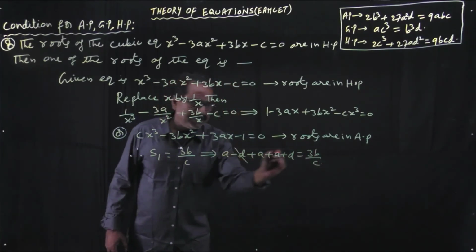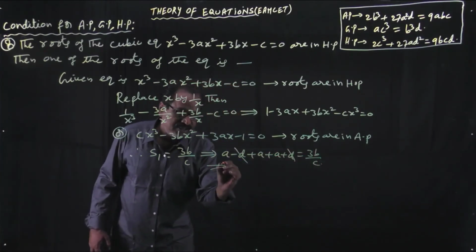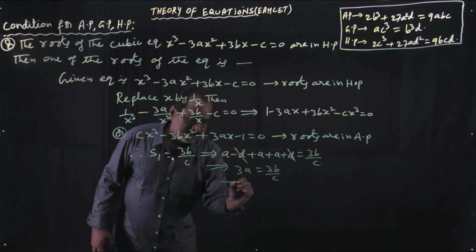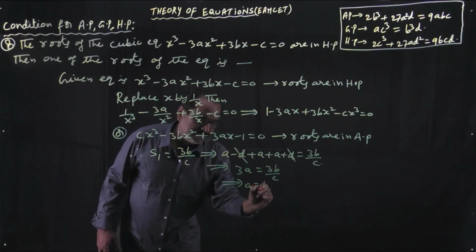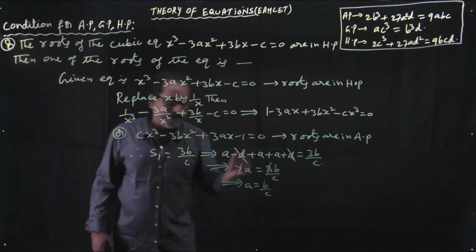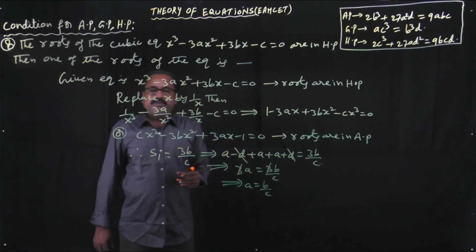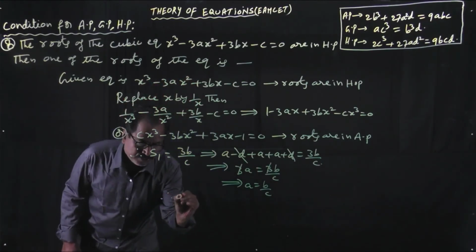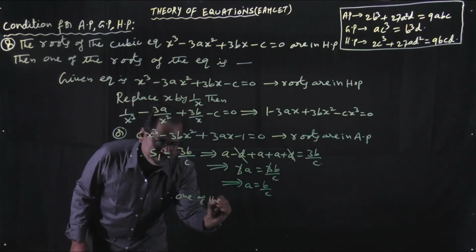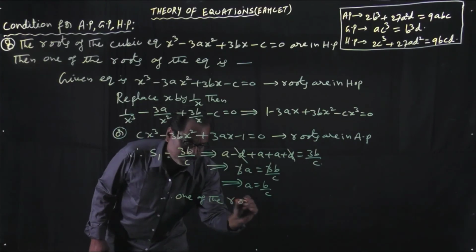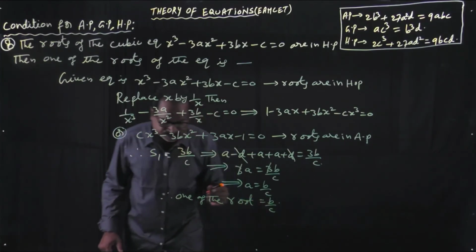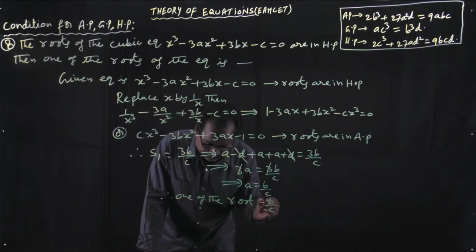Here minus d plus d gets cancelled. 3a is equal to 3b by c. This implies a is equal to b by c. Therefore, one of the roots is equal to b by c. Okay, thank you.